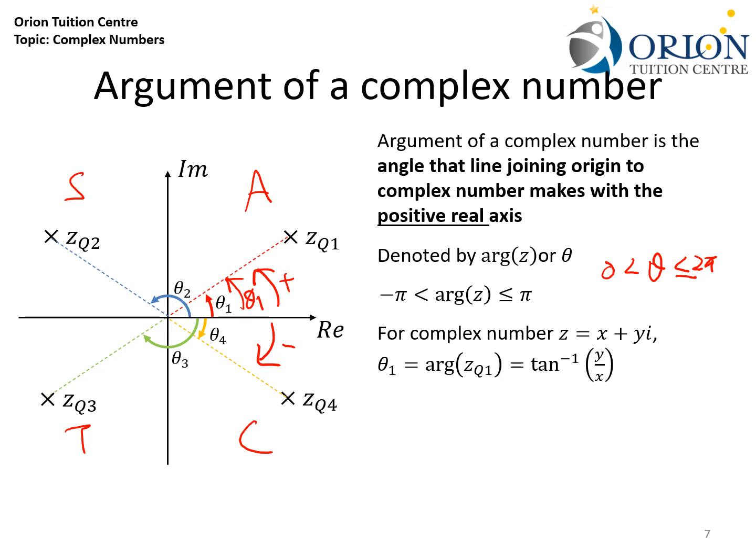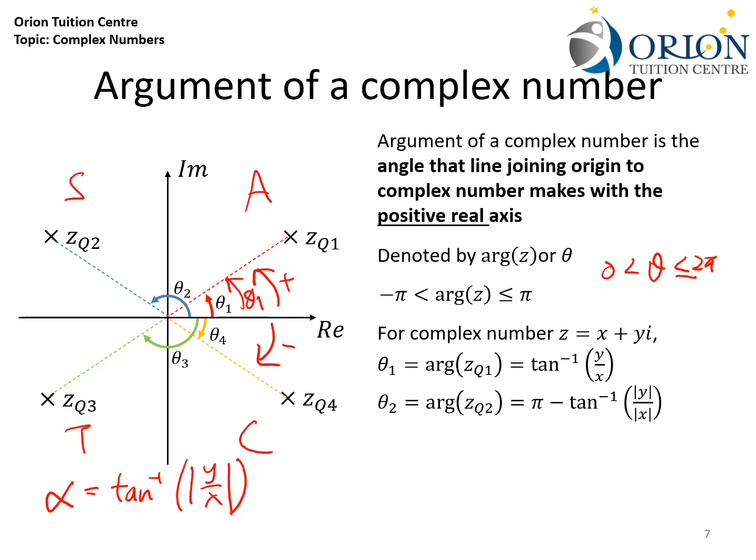So to find this argument, we first find the basic angle. And from our trigo knowledge, the basic angle is the tangent inverse of y over x, but we place a pair of modulus signs to make it positive. Once we find the basic angle, we can then calculate the argument by taking pi minus the basic angle.